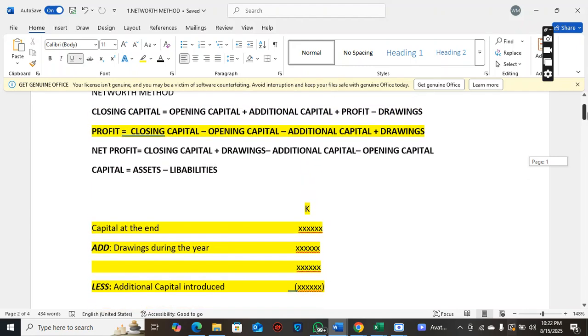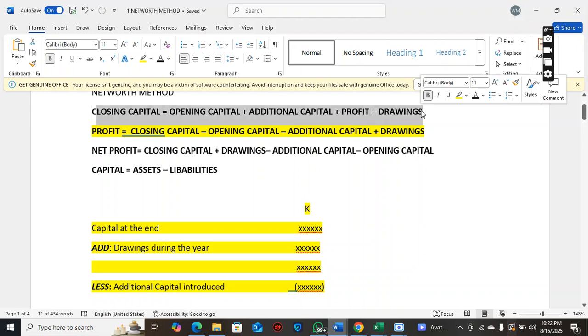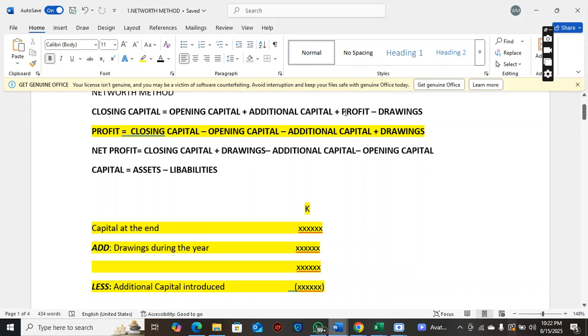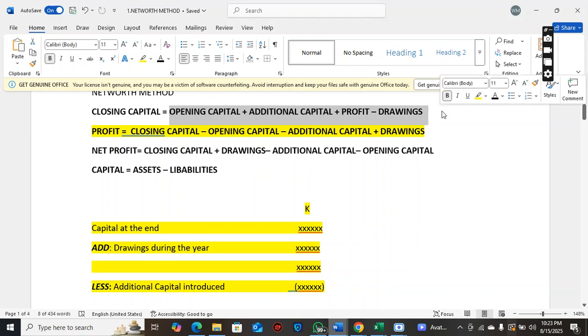Yes. When we rearrange, additional capital is the capital put in during the year. So, as I said, if you follow the original formula here, your closing capital is your opening capital plus your additional capital plus your profit minus your drawings.